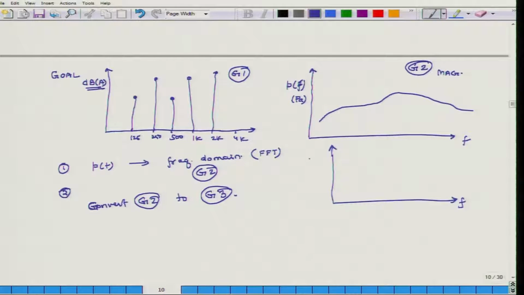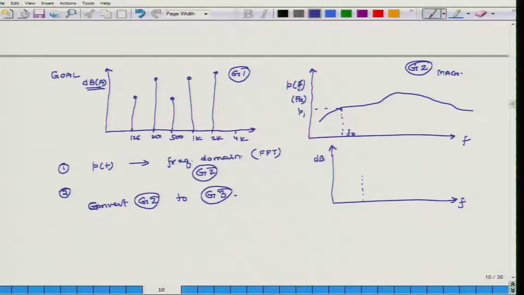It is this plot. So, here I am plotting pressures in decibels. How do I convert this into decibels? Suppose this is some frequency F naught and here pressure is P1, then how do I convert for F naught?